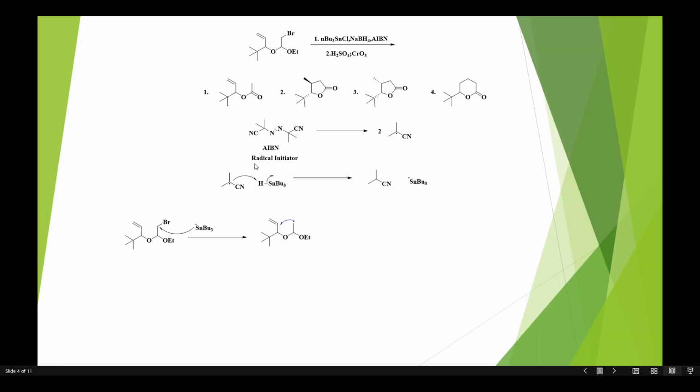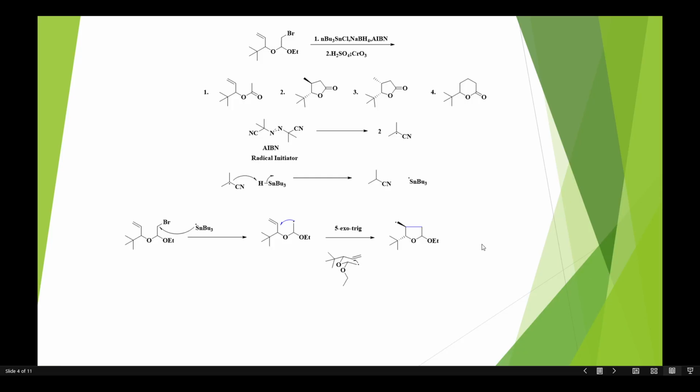In this particular case, we have two different types of addition: 5-exo and 6-endo. Always the 5-exo is favorable compared to the 6-endo. Also, when it is a triple bond, in this particular case you will get 5-exo favorable over 5-endo.